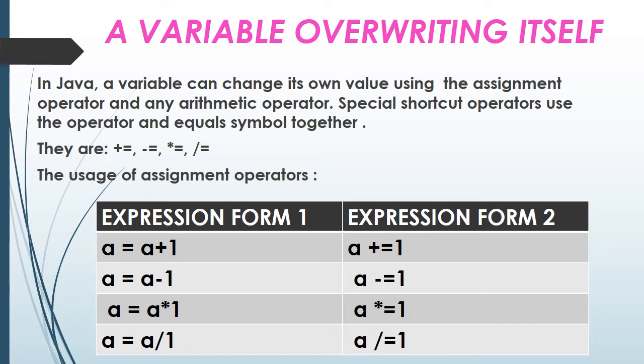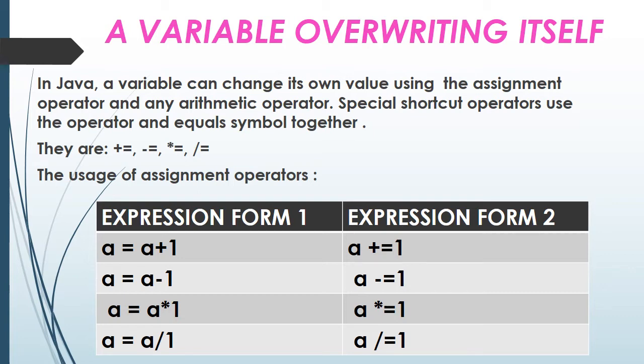So with the help of a combination of these two types of operators, the assignment operator and arithmetic operator, we will create some special type of shortcut operators, which can be made by the use of arithmetic operators and equal symbols.